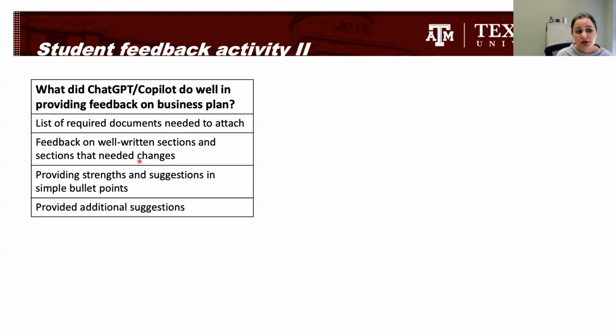It provided information like which sections they need to work on. And the best thing was it provided all the comments in bullet points, which made it easier for them to work on their final assignment. And in addition to that, it provided some additional suggestions to further improve their assignment as well.